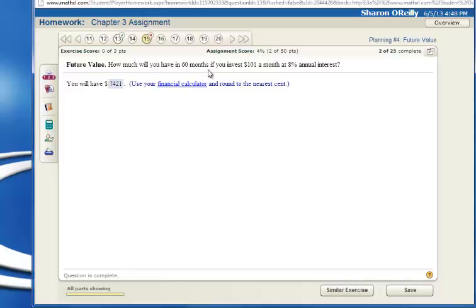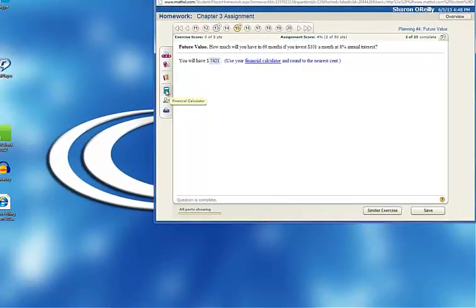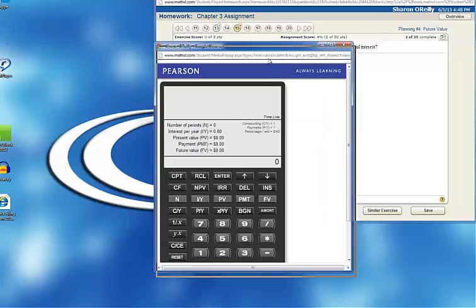It's an annuity. Same amount deposited per period over time. The difference is this interest rate. This is 8% annual interest, but the periods are in months, so we have to convert them. So we can't use a table because we're not going to find that type of interest rate. Instead, let's use our financial calculator.